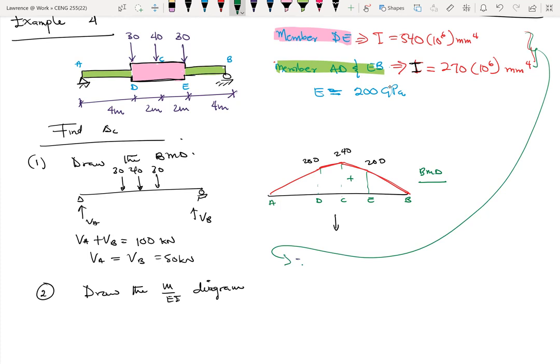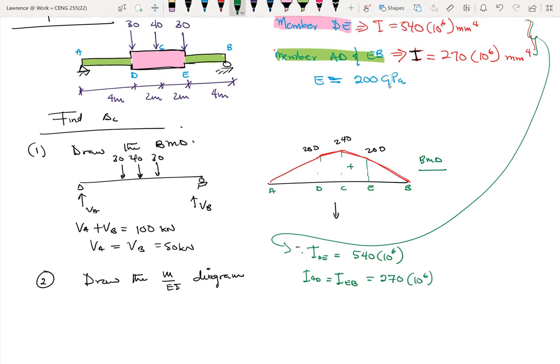All right. So let me say I of DE, right? It's 540 times 10 exponent 6 mm4. Okay. For now, I'll leave that out. And then we know that IAD, which is the same as IEB, it's 270 times 10 exponent 6. So we can see that 2IAD is the same as IDE. Okay.